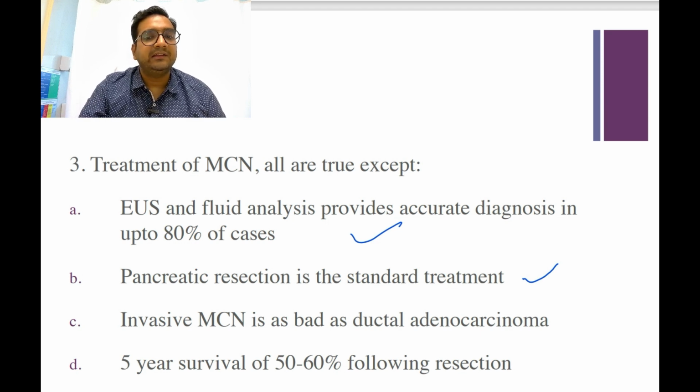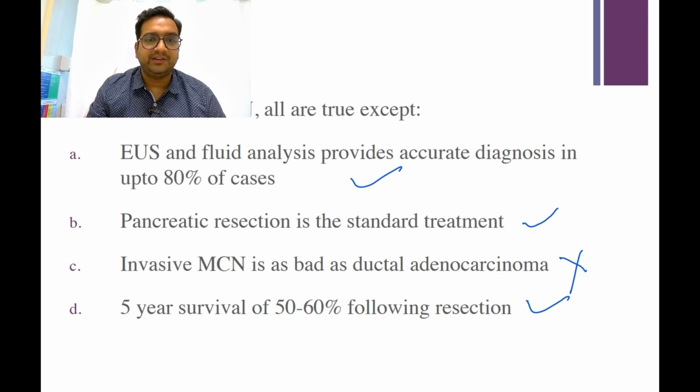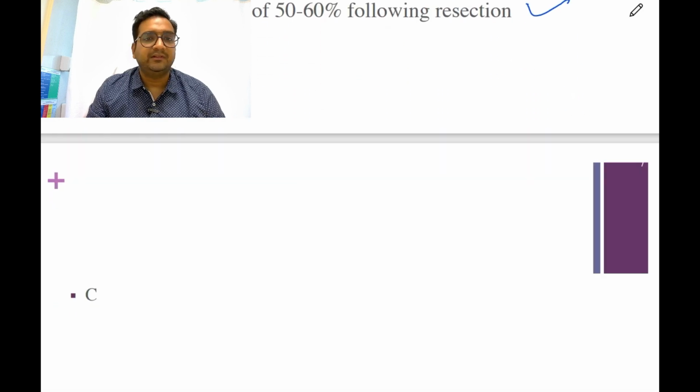Invasive MCN is as bad as ductal adenocarcinoma. This is false, because it is less aggressive, with less lymph nodal involvement. The 5-year survival after surgery is also better compared to pancreatic adenocarcinomas; here the 5-year survival is 50 to 60% after resection. So the answer to this question is C. That is all regarding the basics of mucinous cystic neoplasms of pancreas. Thank you.